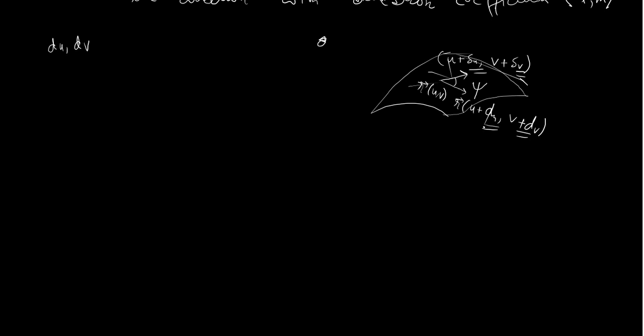So if I want to find the vector in this direction, dr, this can be written as r sub u du plus r sub v dv.